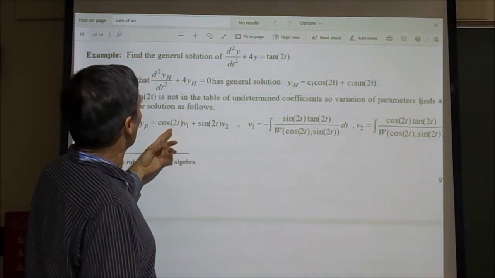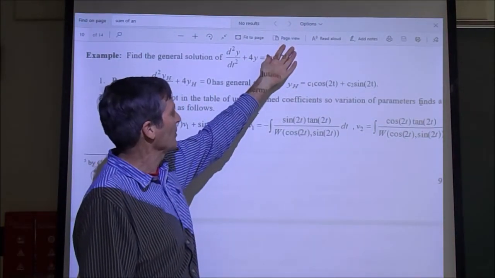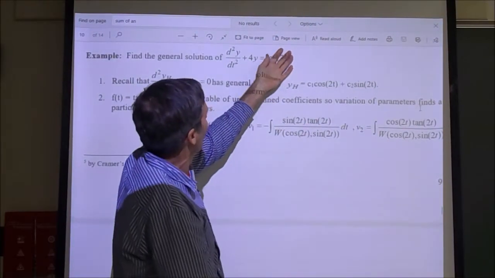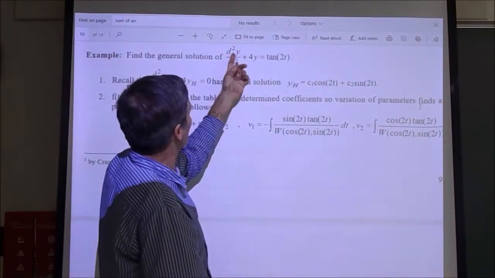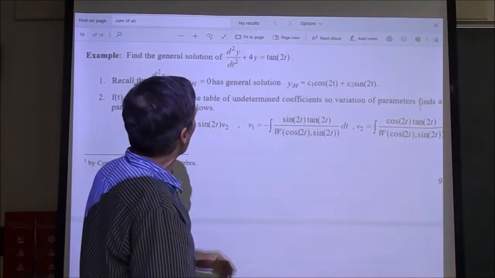We say that we know how to solve the associated homogeneous problem because it's constant coefficients, right? We solve the homogeneous problem y double prime plus 4y equals 0. It has characteristic equation r squared plus 4 equals 0 with solutions r equals plus or minus 2i.